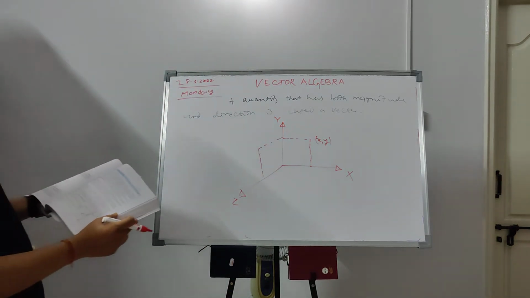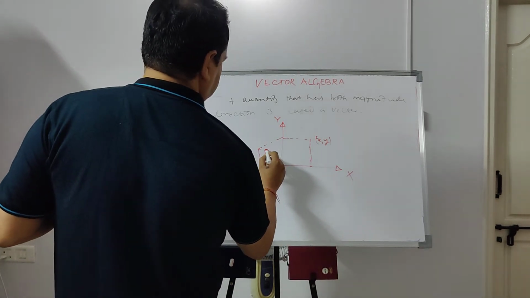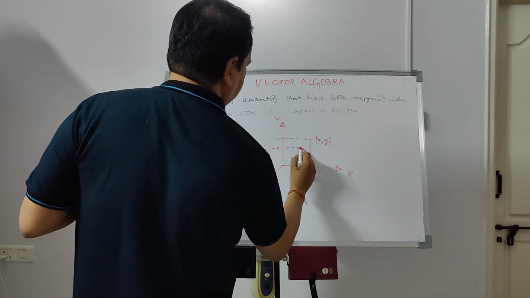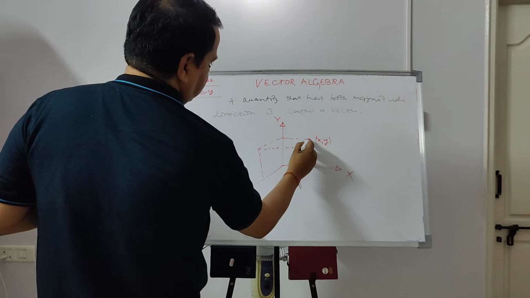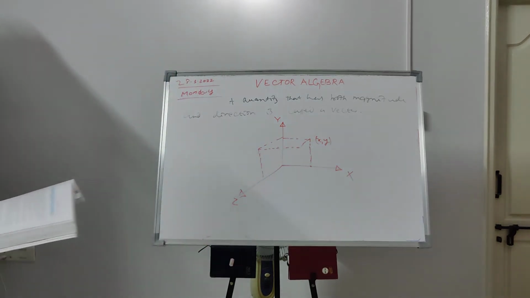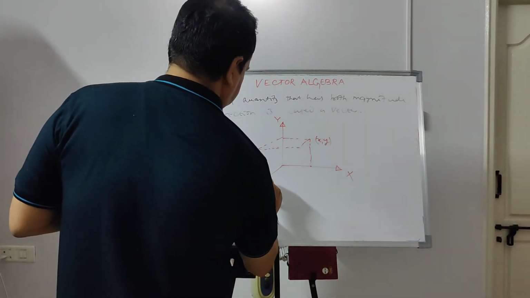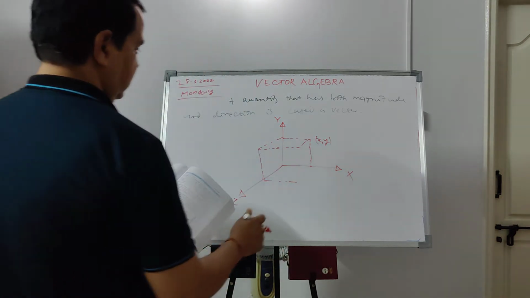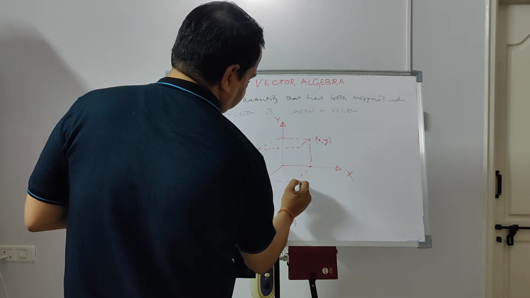And say I have moved something like this. Then I'll come to a point like this. Then I'll draw some parallel line, something like this.